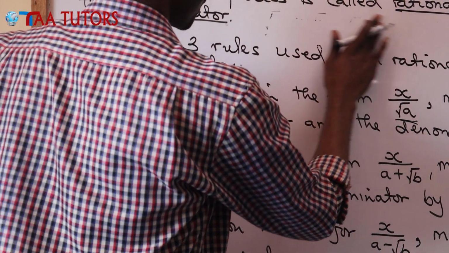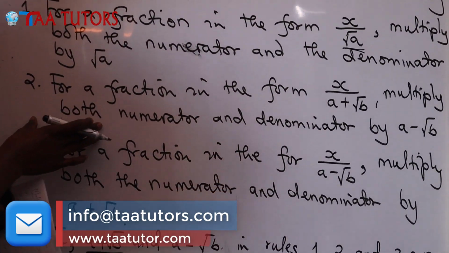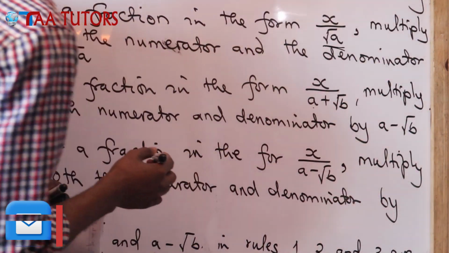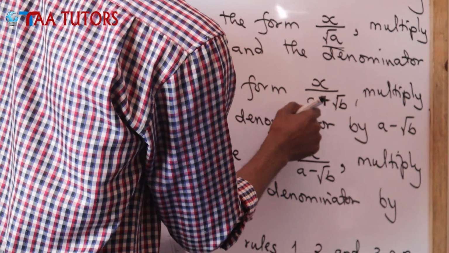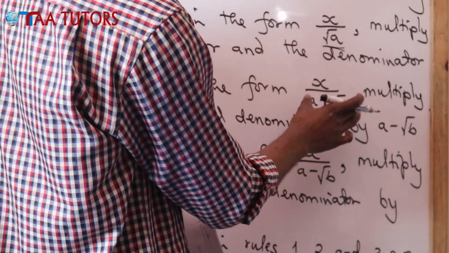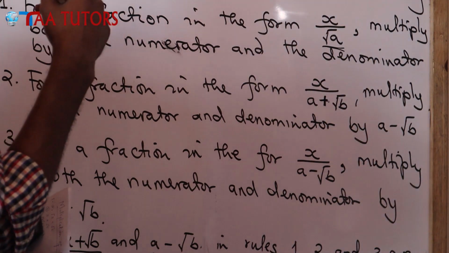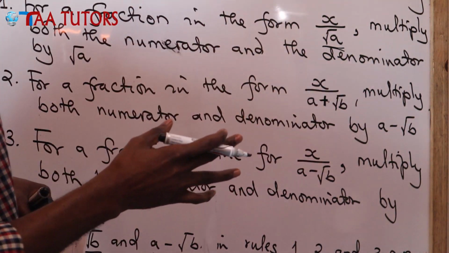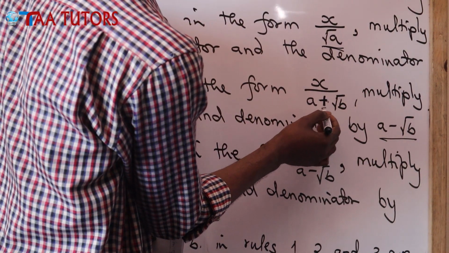What about the second rule, when the denominator is A plus surd B? The conjugate of this denominator must be a number that, if you multiply it, ensures we remove this surd B so that we have a rational number, and that number should be A minus surd B. The only thing we do is change the sign.